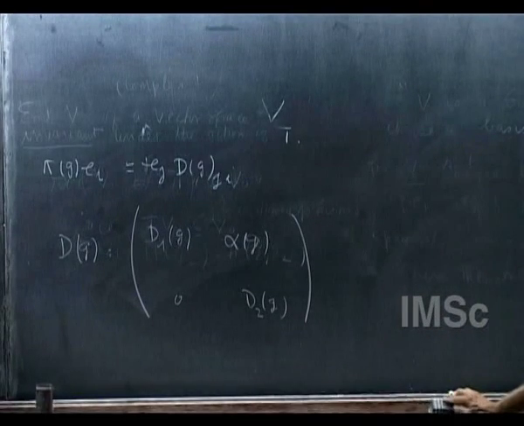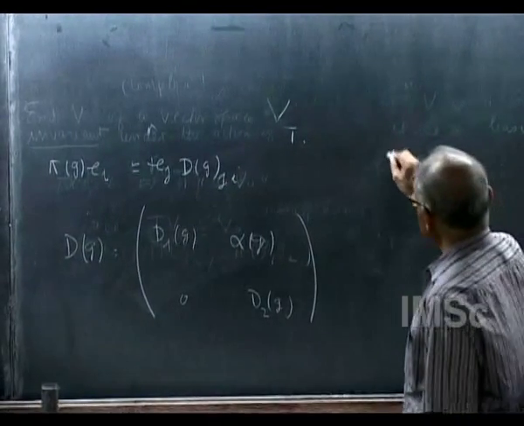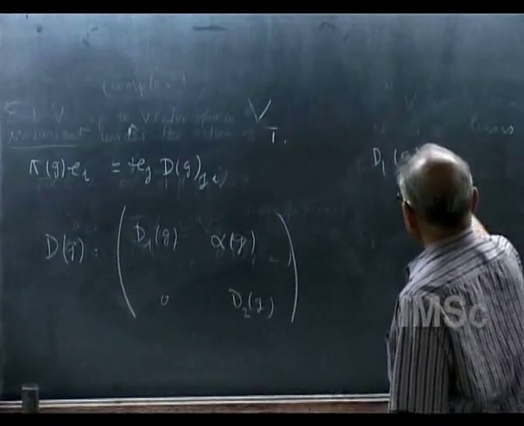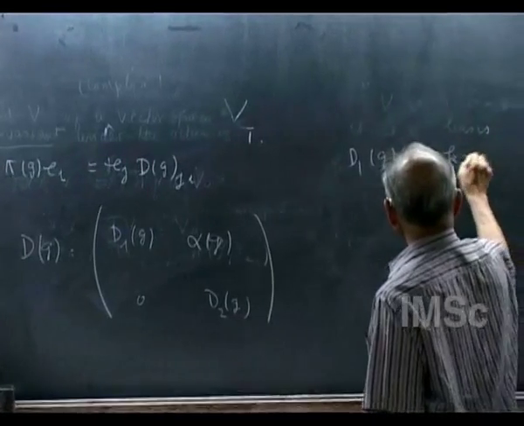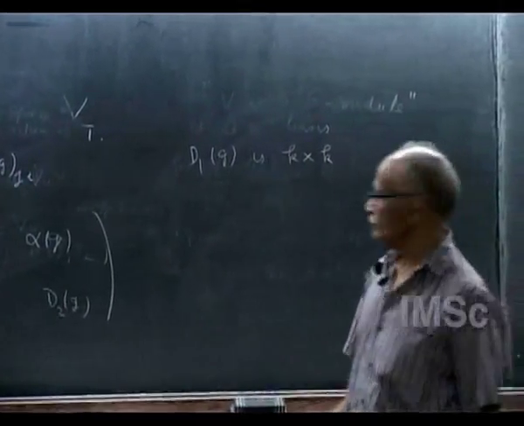By the same argument, here d1 of g is some k cross k matrix.